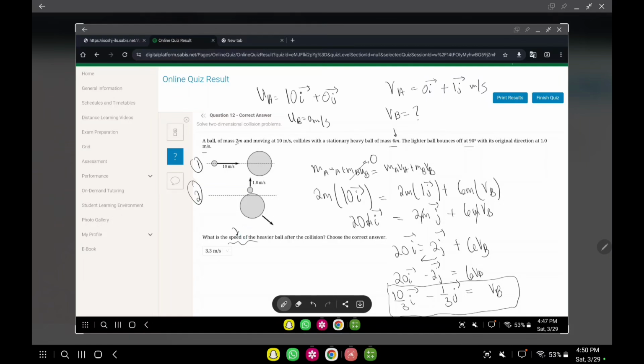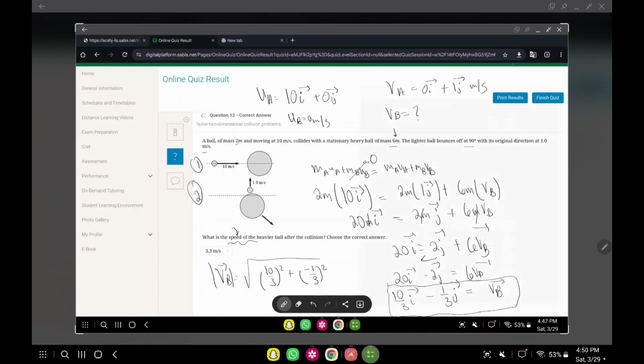So what do we do? We find the magnitude. How do you find the magnitude? v_B, the magnitude, would be the square root of (10 over 3) squared plus (minus 1 over 3) squared. You need to put this as a vector by the way if it's written. If you choose to include a negative sign, make sure it's under the brackets and the square is outside.